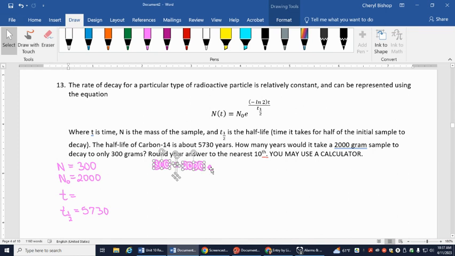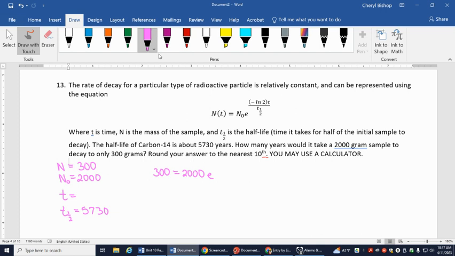There we go. That way I have room for that gigantic exponent. Okay, so my exponent is this whole fraction thing. Negative ln of 2 times t over the half-life, 5730.